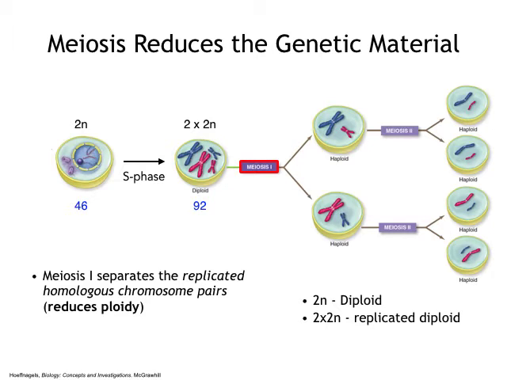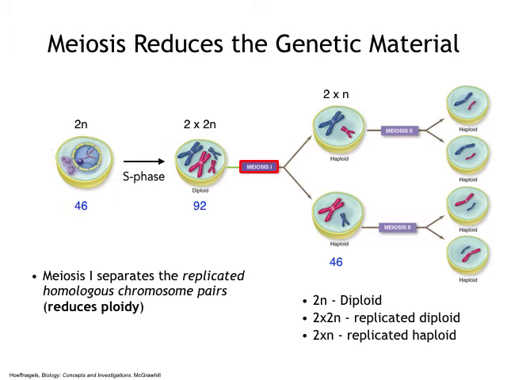And this actually reduces ploidy. So you go from 2 times 2N to 2 times N, which does not mean you have two sets of chromosomes. It still means you have one set of chromosomes, but they're replicated, they're doubled. So it's 2 times N.